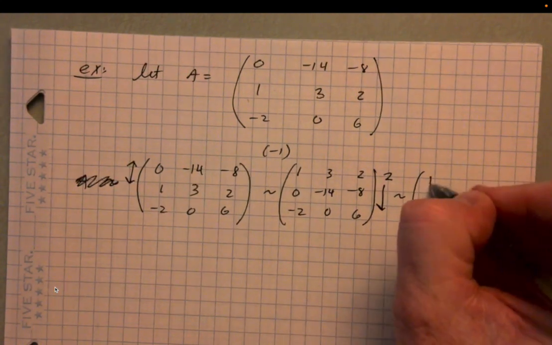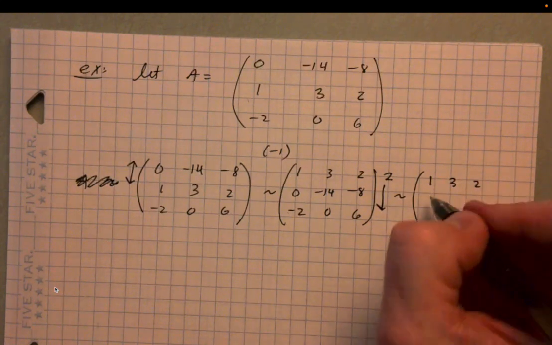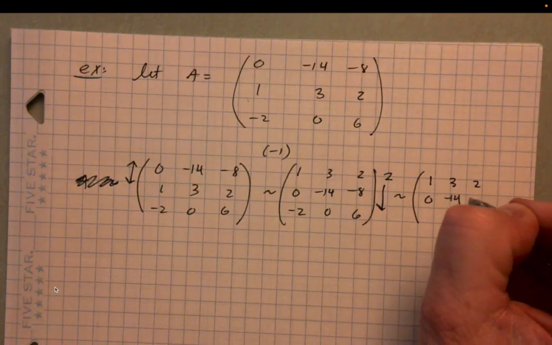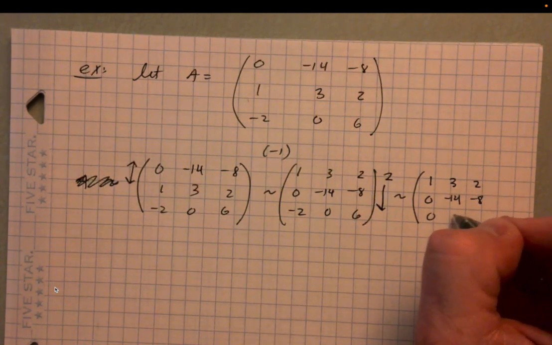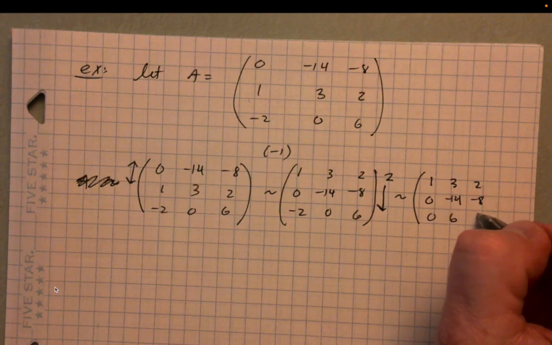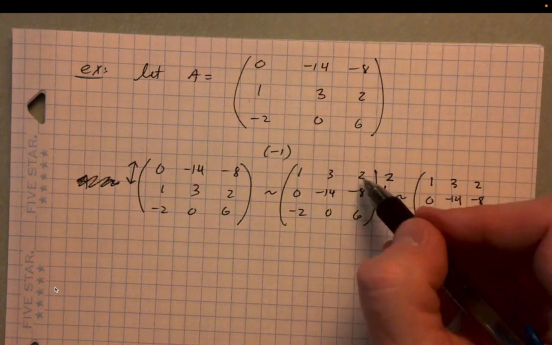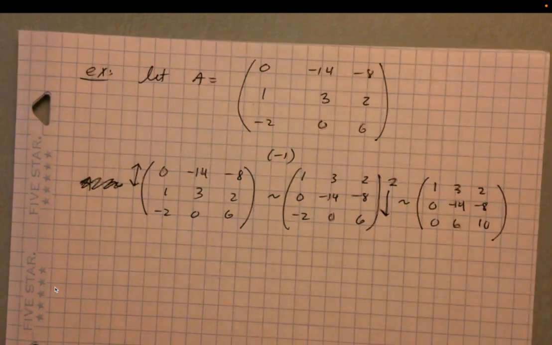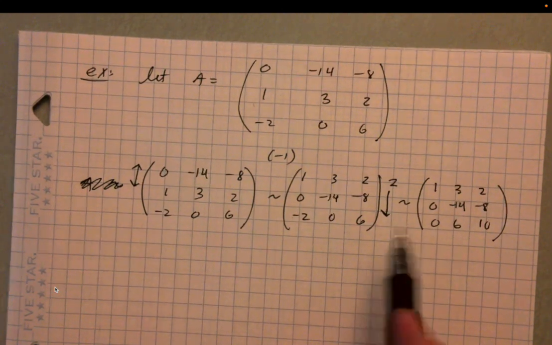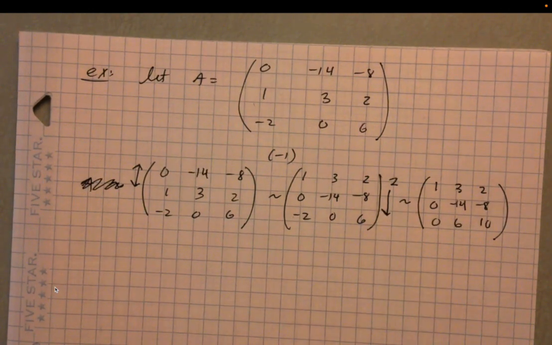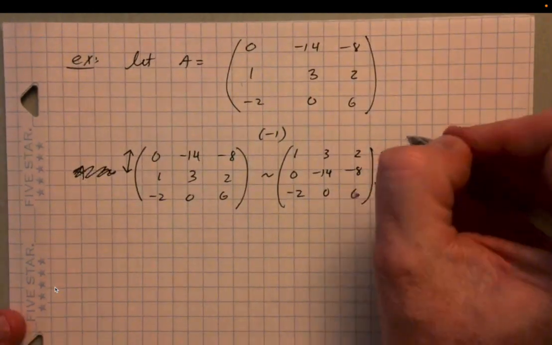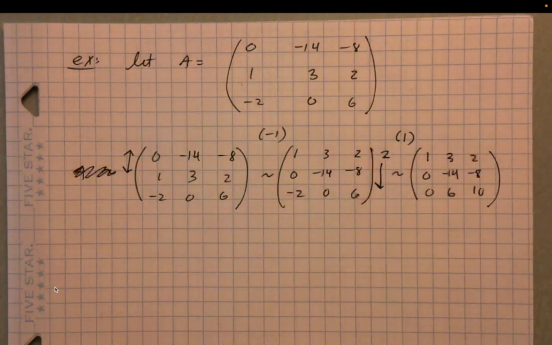So when I do that, I have 1, 3, 2, 0, -14, -8, and then 0, 6, and is that a 10? Yep. So 2 times 2 is 4, plus 6 is 10. Now, what impact did this have on the determinant? This is row op type 2, which we found to have no impact on the determinant, right? So I'm just going to denote that by multiplying by 1, just to keep track of it.